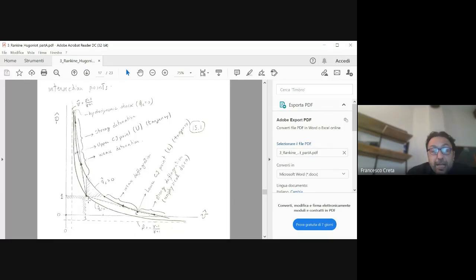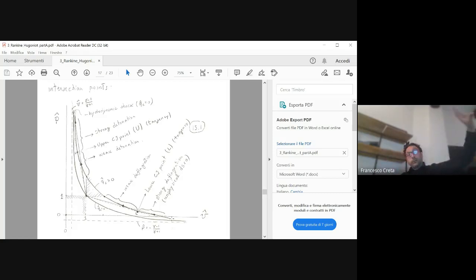Now, it is also true to some extent that the Hugoniot curve extends all the way down here. So in theory, you could also have a subsonic intersection. Now it turns out, and we're not going to prove this rigorously, that these solutions are the so-called strong solutions.